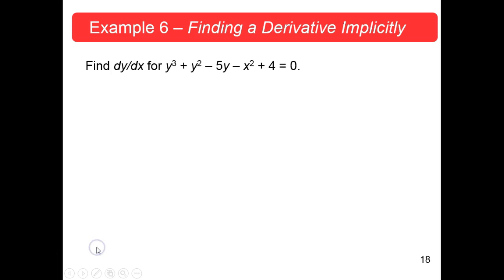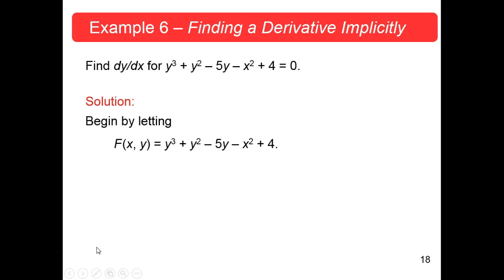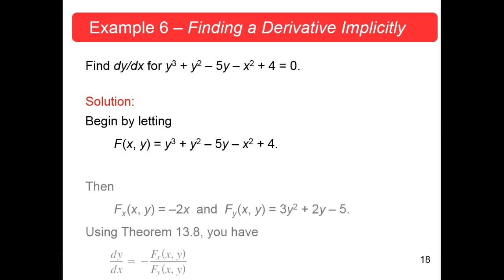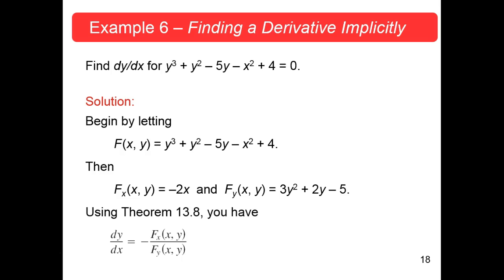Let's see how they do it. And again, I said that is your f of x, y because it's equal to 0. Then do the partial of f with respect to x is minus 2x. The partial of f with respect to y is 3y squared plus 2y minus 5, the one I've neglected.